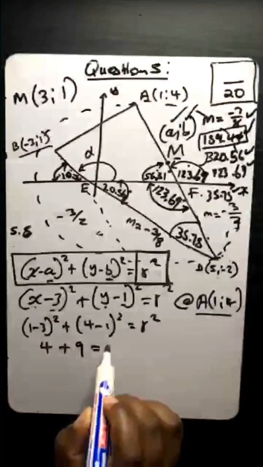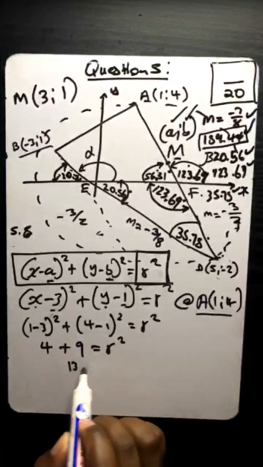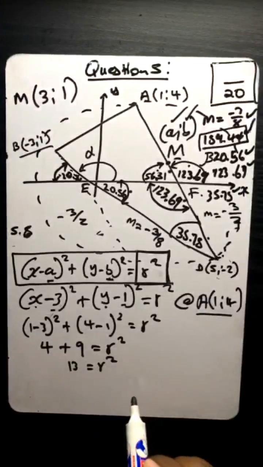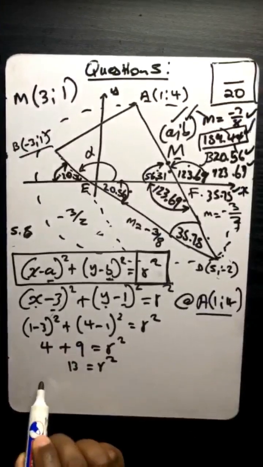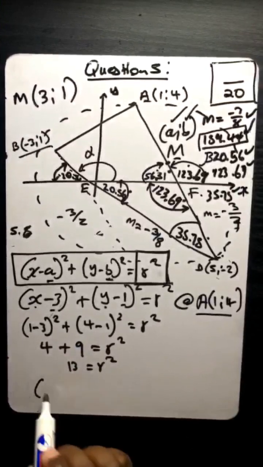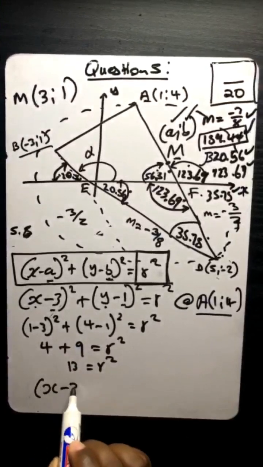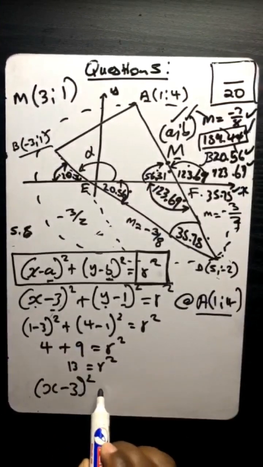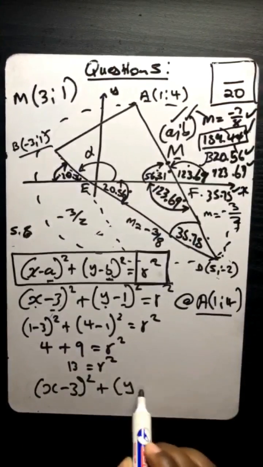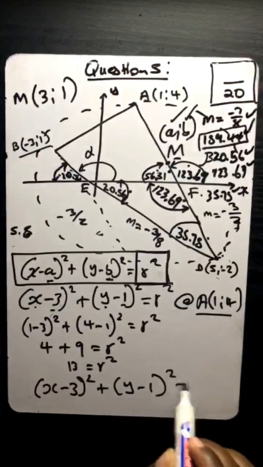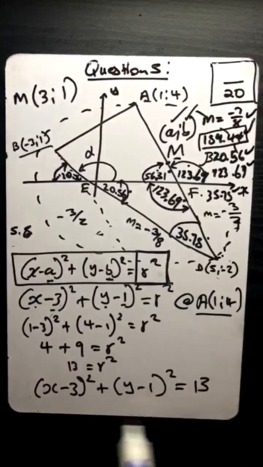It's 9, I think. So this is 13. So r squared is equal to 13. So you can say the equation is x minus the center squared plus y minus that center squared is equal to 13. And then this is it.